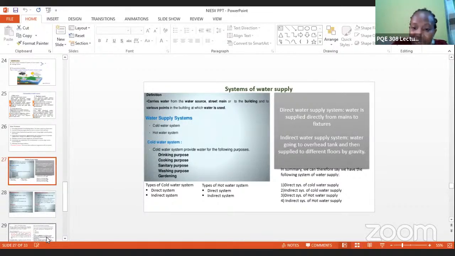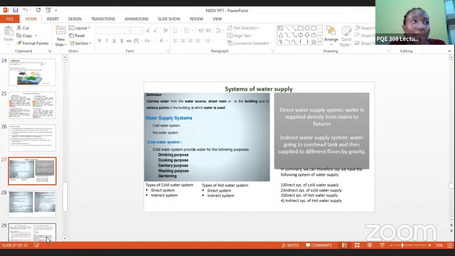So water can be cold, water can be hot. It can be direct if we are not storing it inside any reservoir. We are just taking it from our mains to our fixtures. It can be indirect if it has to be pumped from the ground, stored in our overhead reservoirs or overhead tanks before being distributed to our different floors, indirect. So the only difference between direct and indirect is that one you don't need to store.